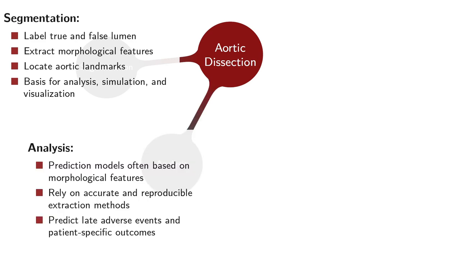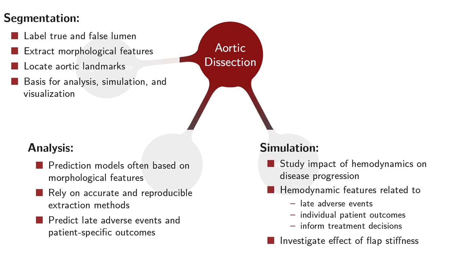Prediction models are often based on morphological features and rely on the accurate and reproducible extraction. These models aim to predict late adverse events and patient-specific outcomes. Computational fluid dynamic simulations can be used to study the impact of hemodynamic features on disease progression. Such features relate to late adverse events, individual patient outcomes, and informed treatment decisions. We can also investigate the effects of different flap stiffness on the hemodynamics.